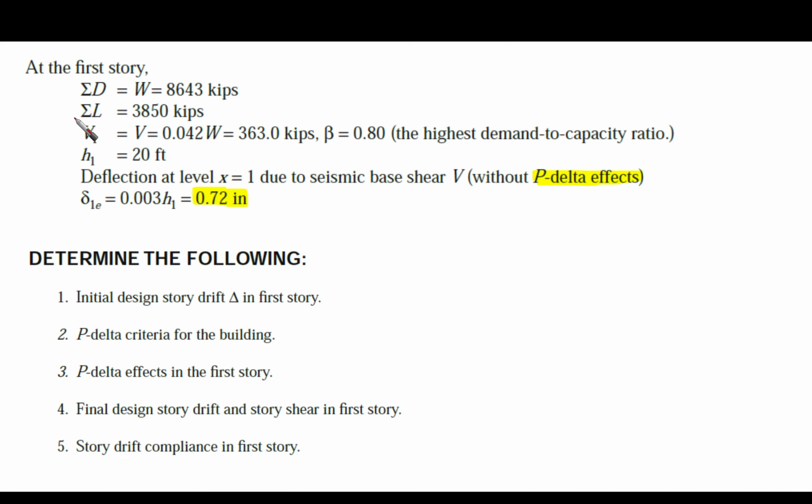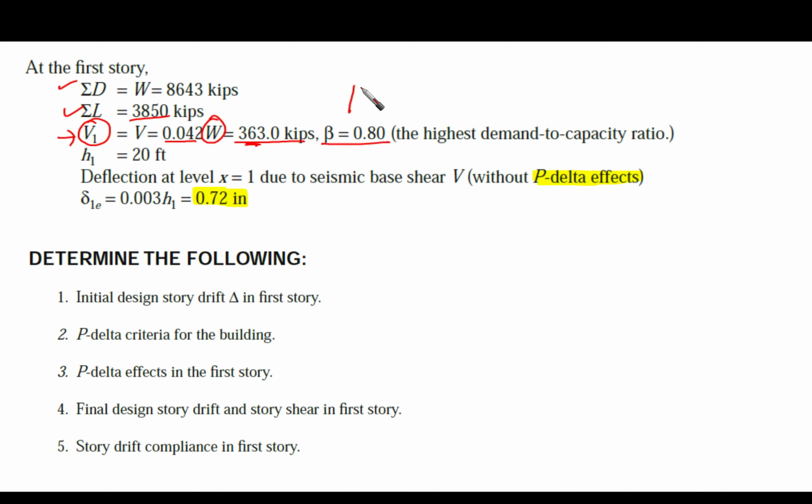Then we have the dead load, we have the live load, this amount, and we have V1, which is the story shear at floor 1, and it equals 0.042 of the total weight of the structure, and it equals this value, which is 363 kips.